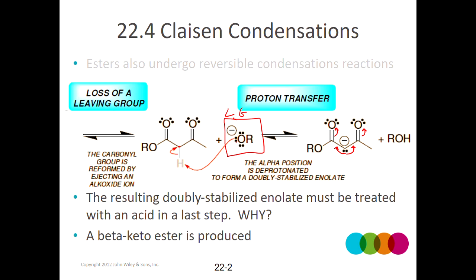So once this leaving group leaves, it's now a base. And it's going to pick up the alpha proton that's alpha to both carbonyls.